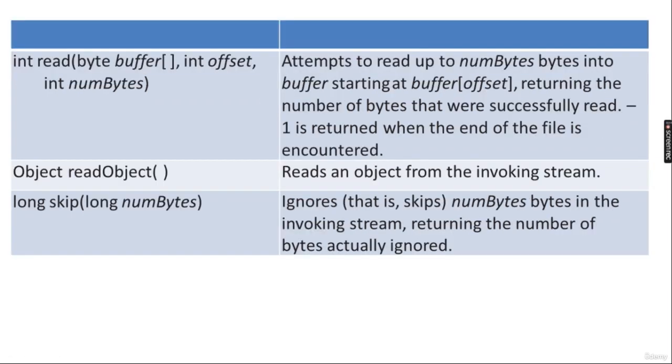Minus 1 if the end of file is encountered. Int read(byte[] buffer, int offset, int numBytes) attempts to read up to numBytes bytes into buffer starting at buffer offset, returning the number of bytes successfully read. Minus 1 if the end of file is there. Object readObject reads an object from the invoking stream. Long skip(long numBytes) skips the number of bytes in the invoking stream, returning the number of bytes actually ignored.